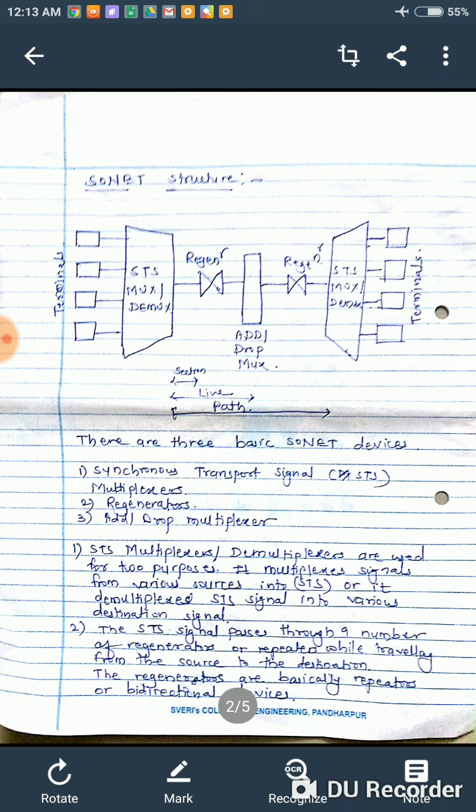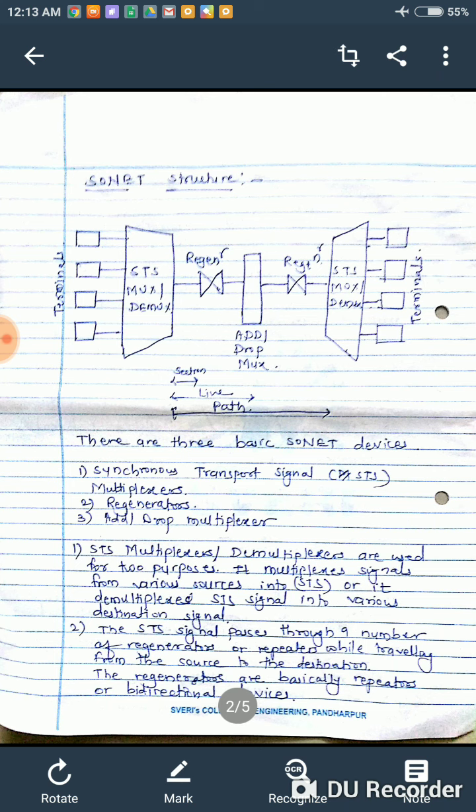STS multiplexers or demultiplexers are used for two purposes. There are two functions provided by this block. It multiplexes signals from various sources into STS, or it demultiplexes STS signal into various destination signals.